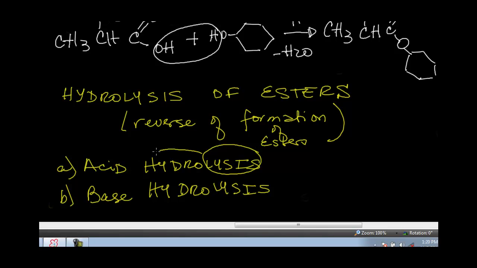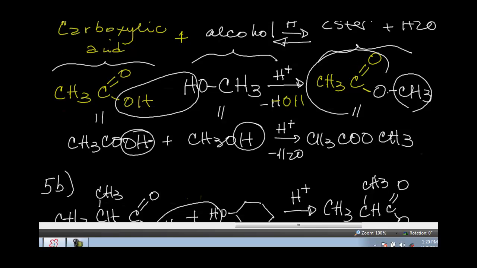And you're breaking what? A bond. With what? With water. Okay, so instead of dehydrating a carboxylic acid and an alcohol, you're adding your water back into your compound. And in this section right here, the H of the water will go back in there. And in this section right here, the OH will go back there. So you'll go back to your carboxylic acid and your alcohol.